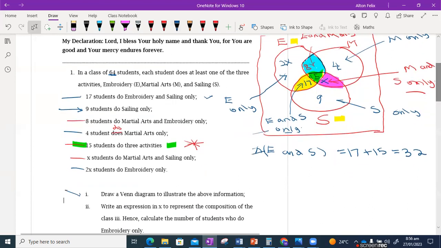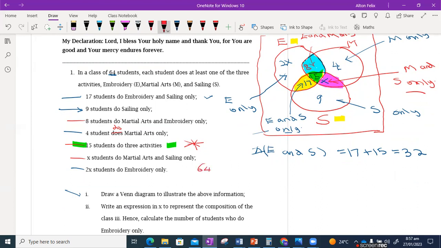Write an expression in X to represent the composition of the class. I must admit I used the number 64 randomly when I was setting this question. So that is the total number of students in the class. And I'm hoping the problem will work out without a glitch. If not, we'll make some little minor adjustments.